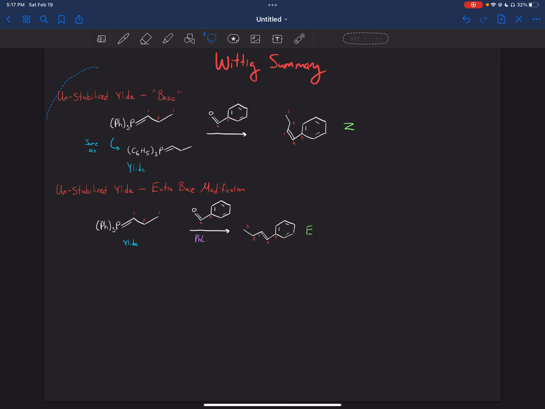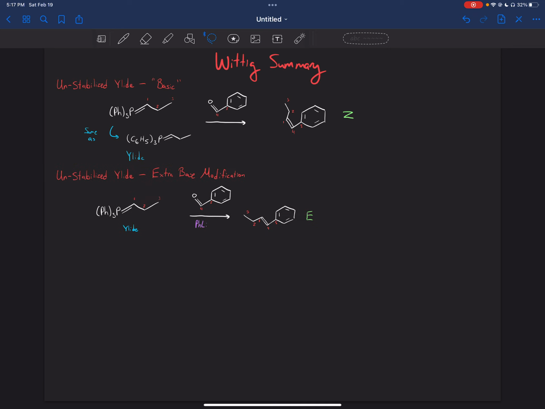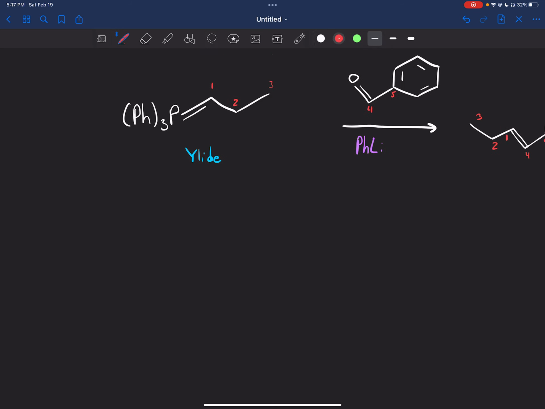Those are the two types of Wittigs when it comes to the unstabilized ylids. What about the stabilized ones? So now we're heading into the stabilized territory. So if you have a stabilized ylid, there are two types.